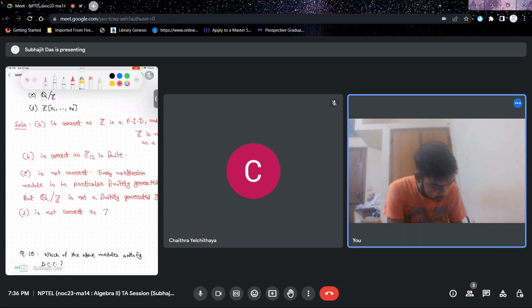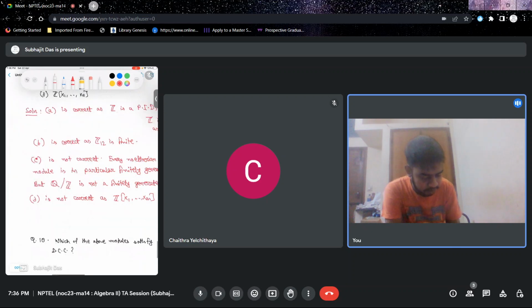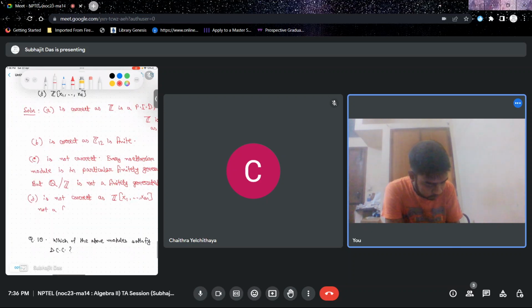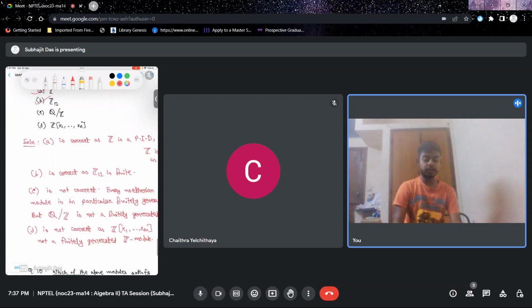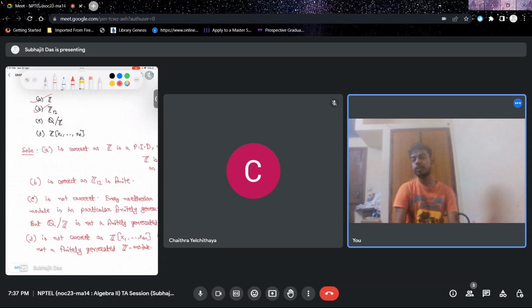as Z[x1, up to xn] is not a finitely generated Z module. Even though it is very interesting to note here that this is not a Noetherian Z module, it is a Noetherian Z[x1, up to xn] module.